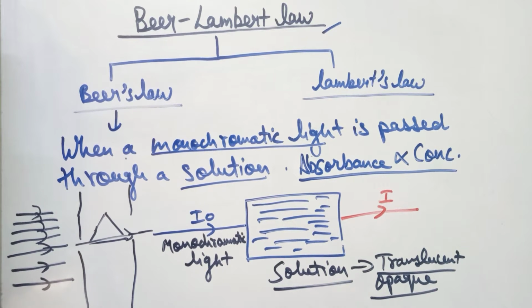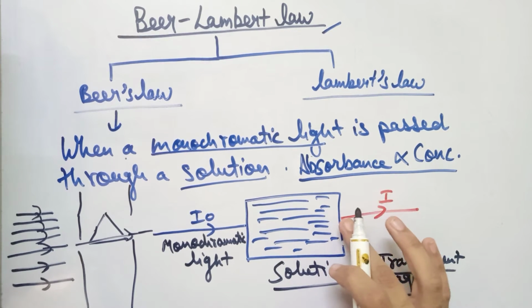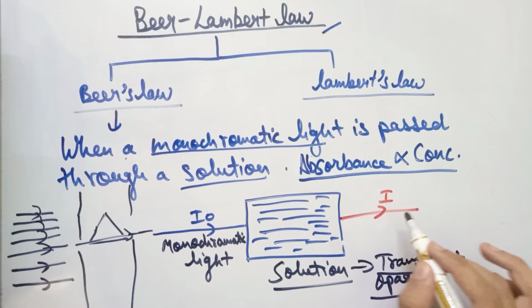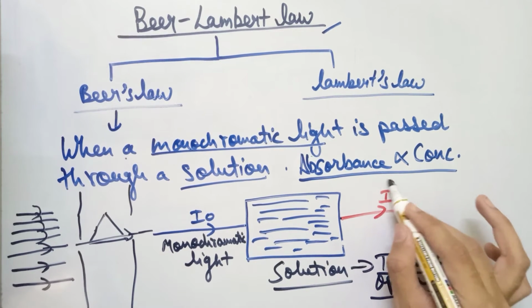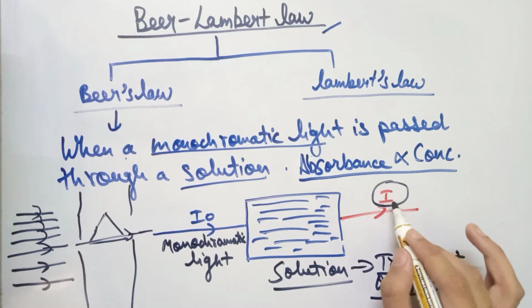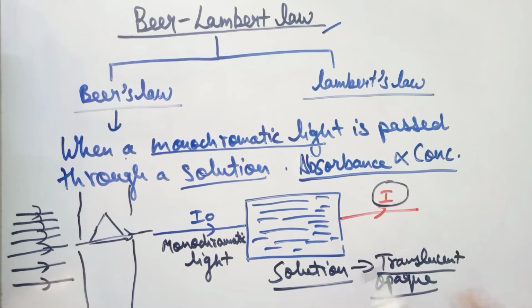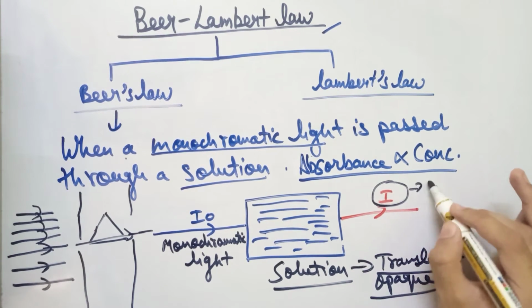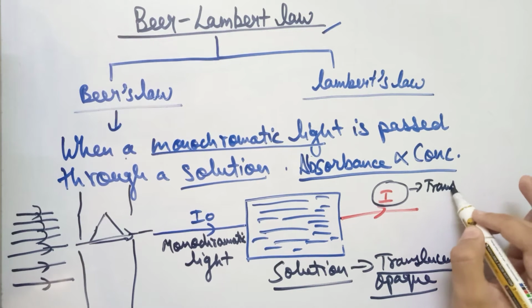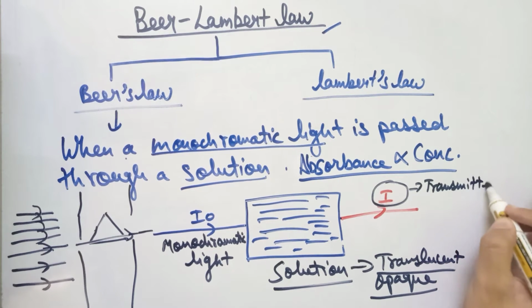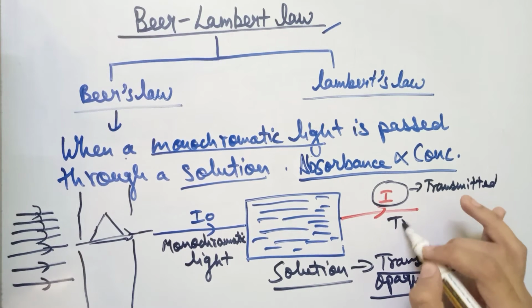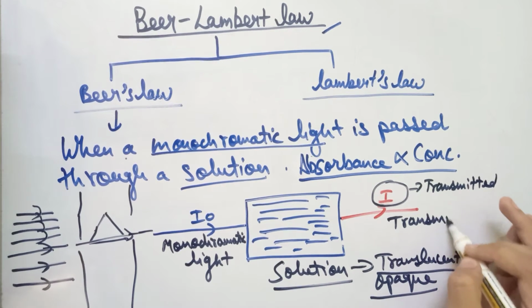When the incident light passes through it, some part of the incident light I naught is absorbed, and the rest just passes through the solution. This part of the incident light which doesn't get absorbed and just passes through the solution is known as transmitted light, and this phenomenon is known as transmittance.